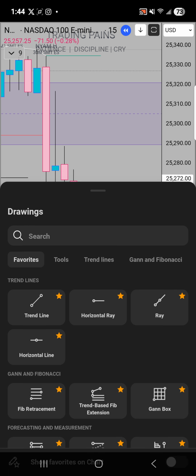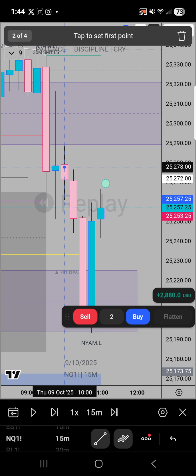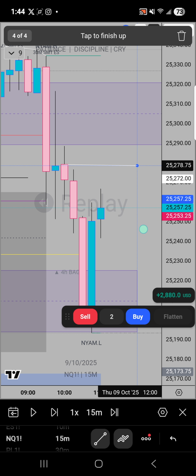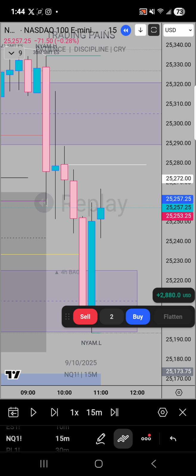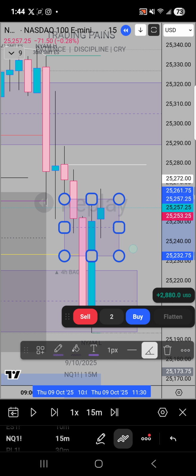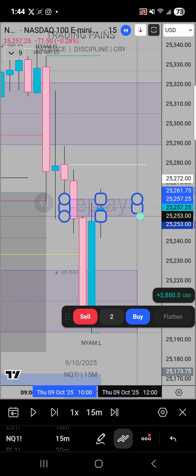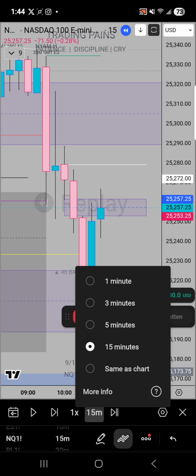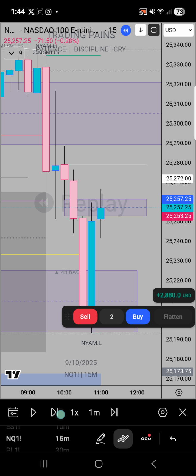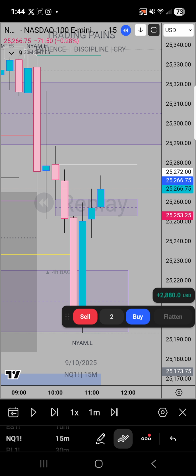I want to see it do a fair value gap inversion in a 15-minute CISD, which is market structure shift as well. So let's wait till that gives us a better entry. Okay.